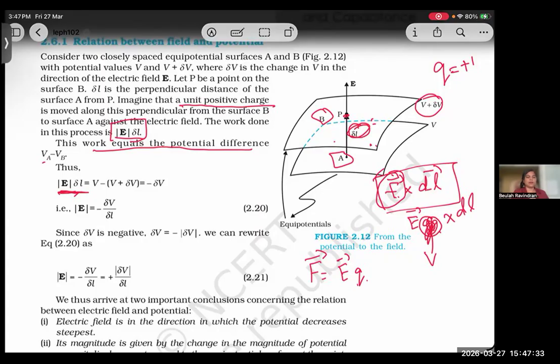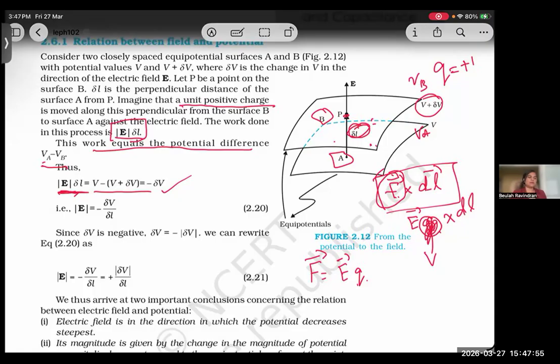So work done is VA minus VB. This is the first surface, this is the second surface. So V minus (V plus delta V) is equal to minus delta V. As I've told you, the work done is always negative, since the work is done against the Coulombic force.